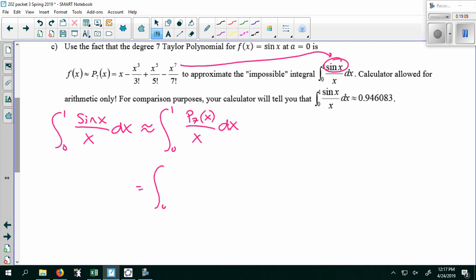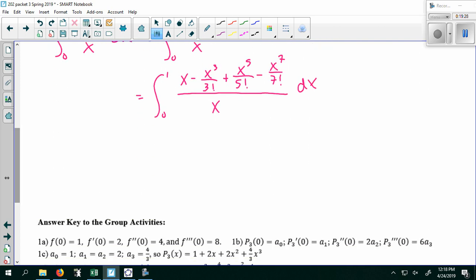So this is the integral from 0 to 1 of x minus x cubed over 3 factorial plus x to the 5th over 5 factorial minus x to the 7th over 7 factorial, all over x. I am going to simplify this fraction by dividing x into each term in the numerator.